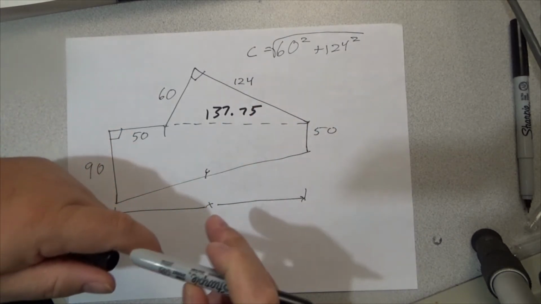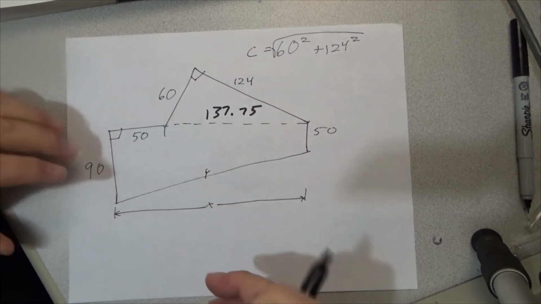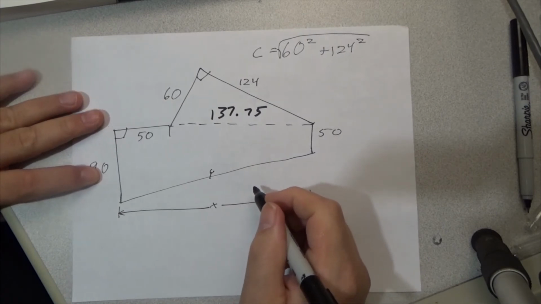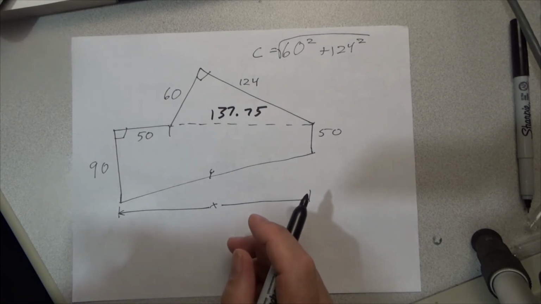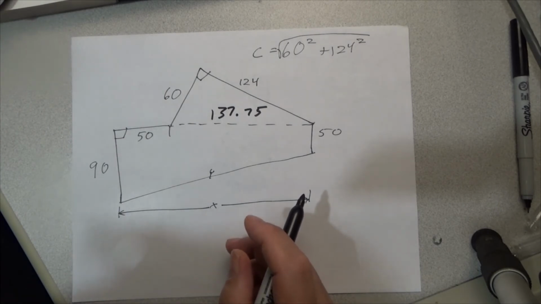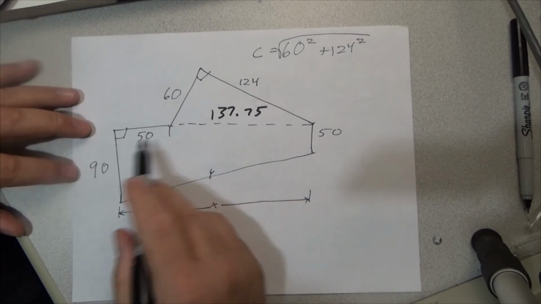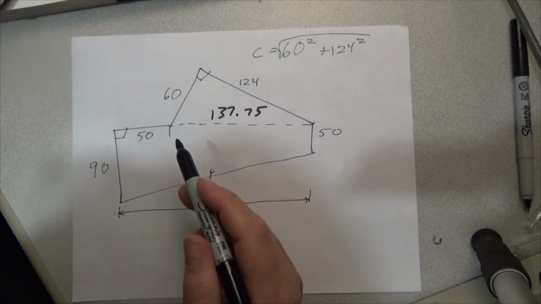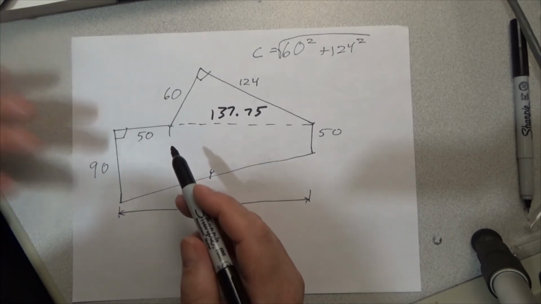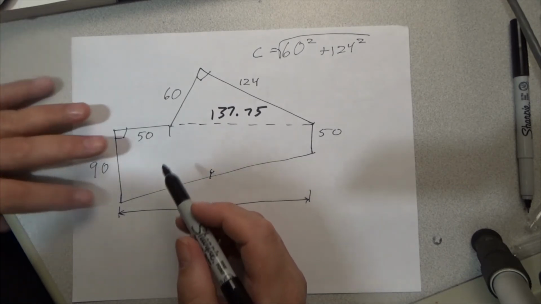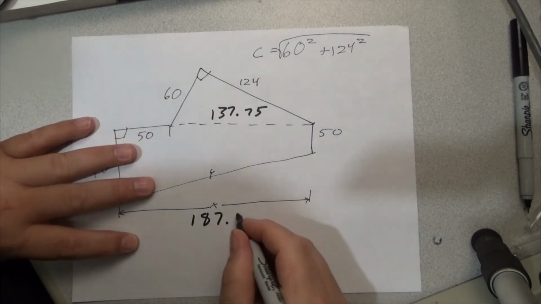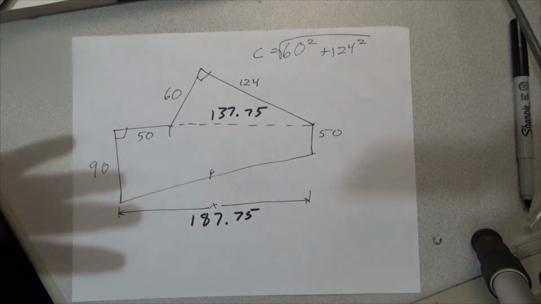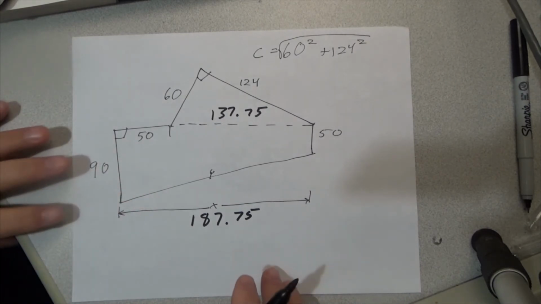It's just thicker. I can't write as finely. So that means x is going to be 137.75 plus this 50 right here, to give me 187.75. So that's x. Now we need to find y.